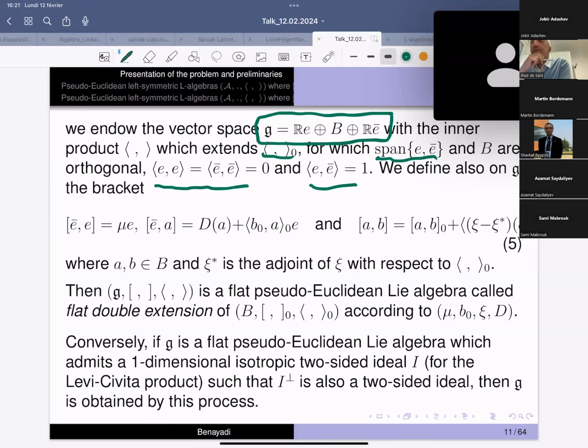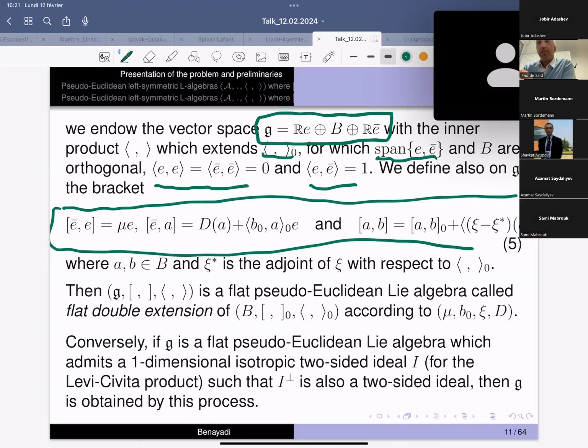And in this new vector space, we define the following product. For two elements of B, we have this, and this one is exactly the central extension of B. This one is a central extension of B, and the scalar cocycle is here.